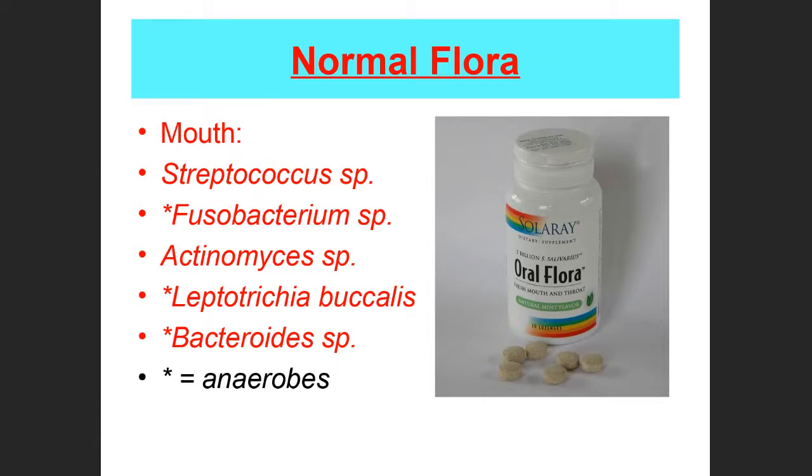We are learning more and more about normal flora, and there's more and more of a link between the normal flora organisms in our bodies, even something as odd as the mouth or the GI tract, and diseases like Alzheimer's, type 2 diabetes, overeating.